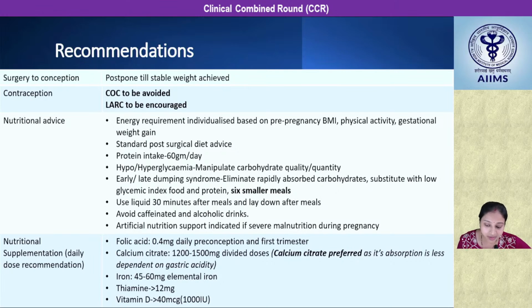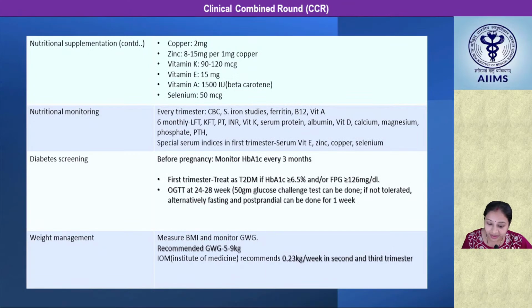Contraception has been focused on, and LARC, long-acting reversible contraception, is encouraged. The recommendation focuses on nutritional advice that food with low glycemic index and smaller meals should be taken. Nutritional supplements in the form of folic acid, calcium citrate salts, iron, and all other micronutrients should be given. Nutritional monitoring should be done every trimester and 6 monthly.